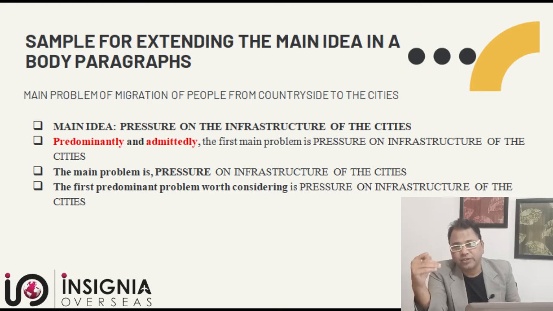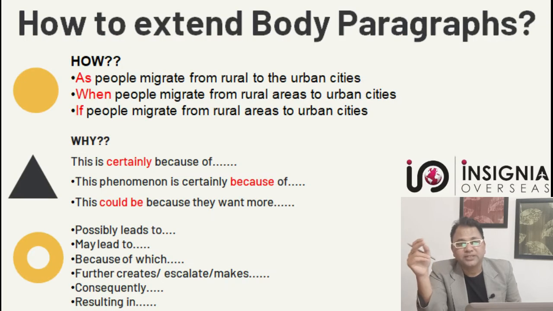As you move further after presenting your main idea, the first question is what? What is your main idea? Mention the main idea. The second part is how, which can be started with words like as, when, if. That's where you start the extension of your main idea. The third part is why. Why is when you're giving a reason for a certain idea.